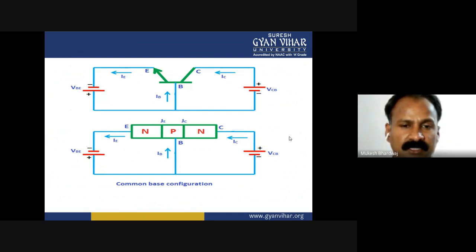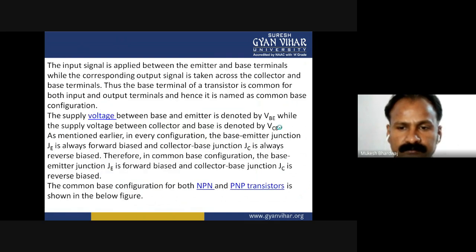So the emitter junction JE is forward biased and JC will be reverse biased. That means in the active mode, we need to keep the connection of the applied voltage accordingly. The input signal is applied between the emitter and base terminal, while the corresponding output signal is taken across the collector and the base terminal.